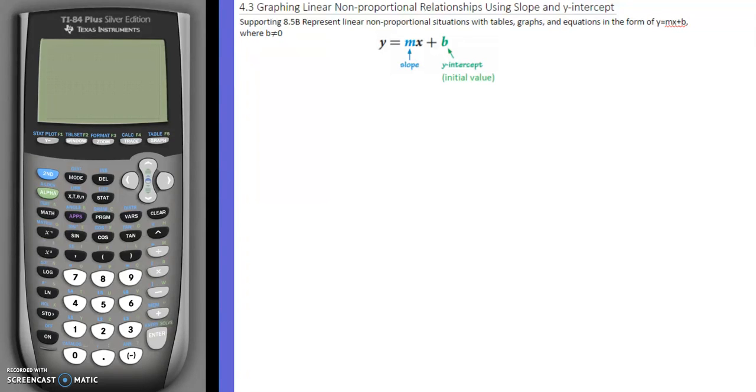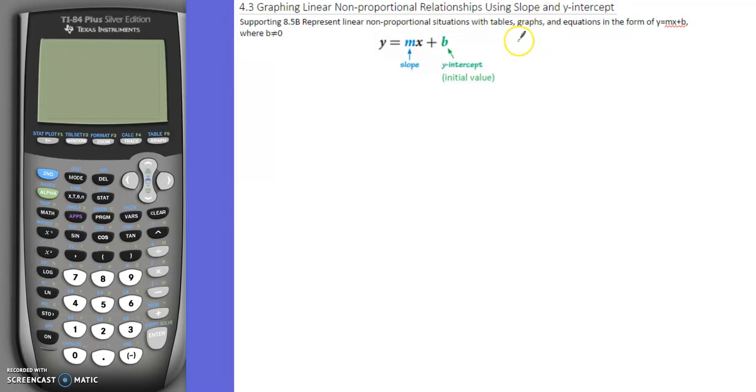Graphing linear, non-proportional relationships using slope and y-intercept. Remember, we have the form y equals mx plus b. M represents the slope, b is the y-intercept.